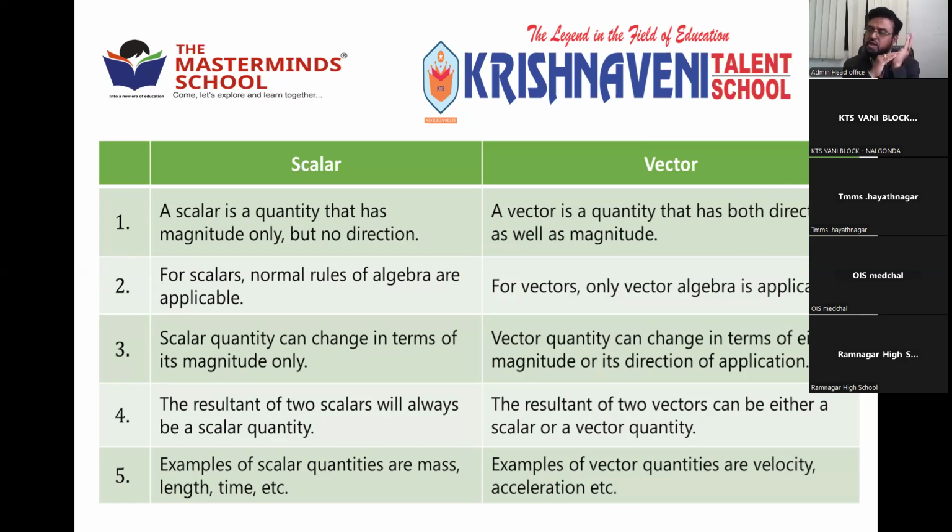For scalars, we deal with pure algebra, whereas vectors have a separate algebra called vector algebra. We can use all 4 mathematical operations between scalars as well as vectors, meaning you can add, subtract, multiply, divide also. The resultant depends mainly on magnitude in case of scalars. In case of vectors, it depends on both magnitude and direction. Clear? This is the very important classification.